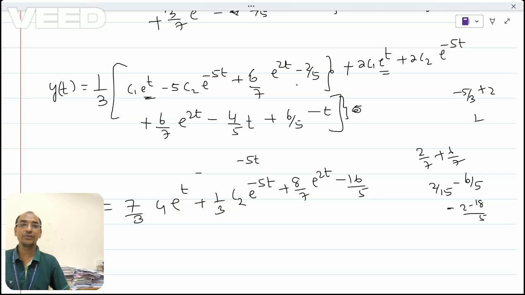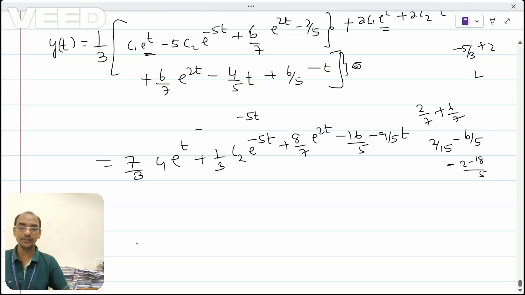Now what is the remaining t? Remaining t will be minus 9 by 5 t. So once more you can rearrange them.